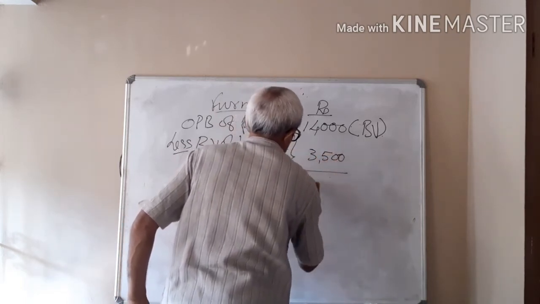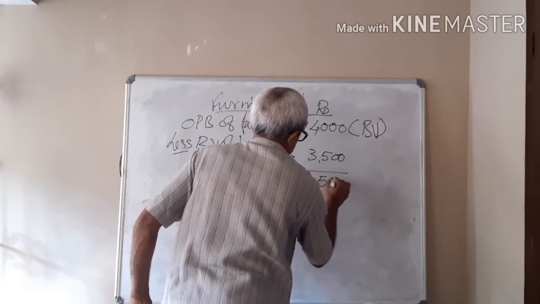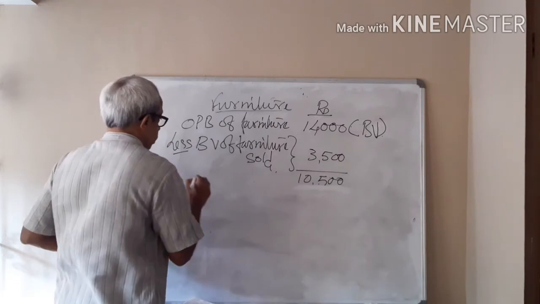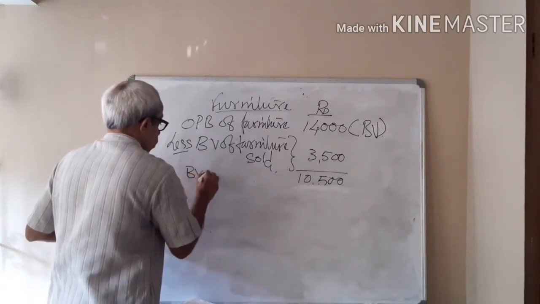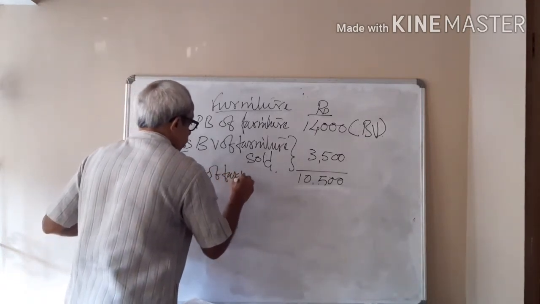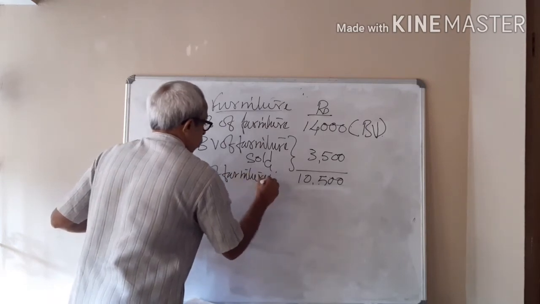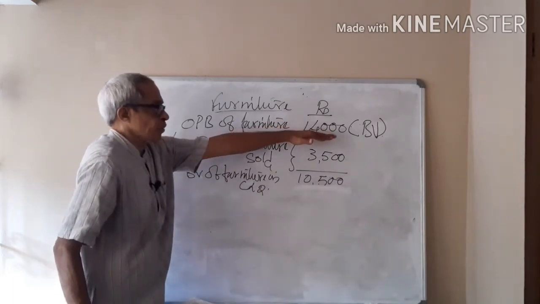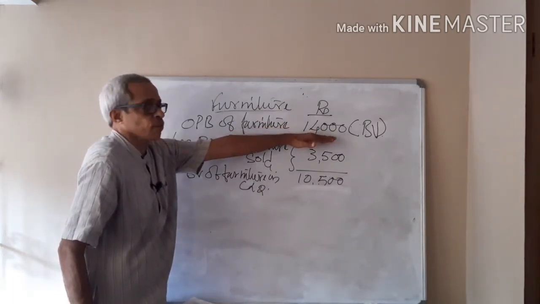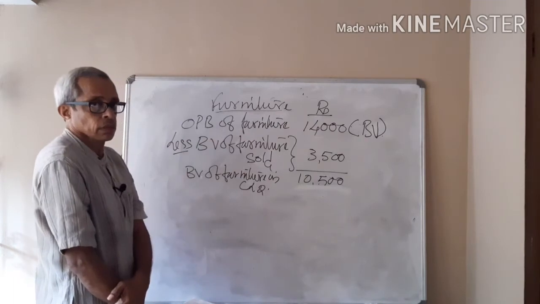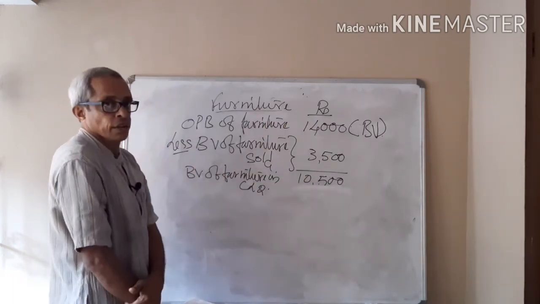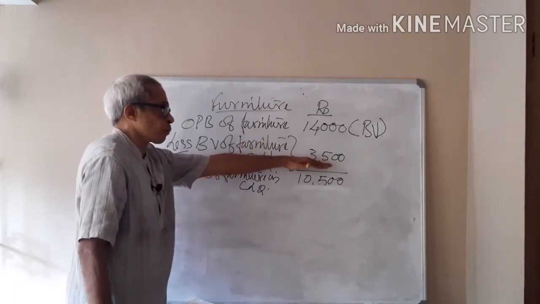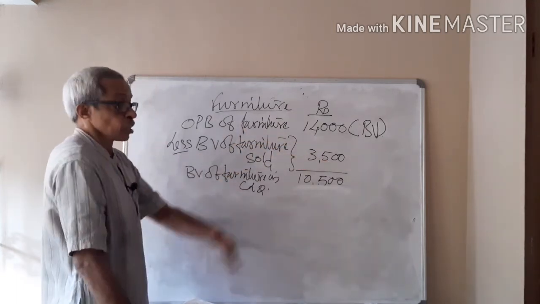That is, the balancing figure is 10,500. That is the book value of furniture on the closing date. The opening book value of furniture is 14,000. During the year, we sold furniture having a book value of rupees 3,500.